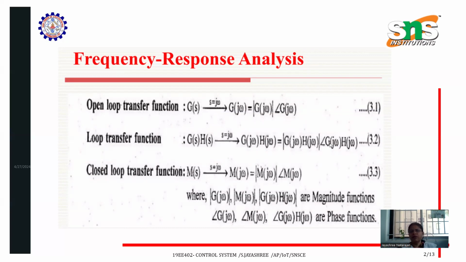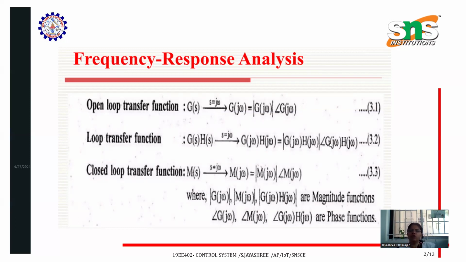Next, coming to the closed loop transfer function. Here there is a feedback signal H of S. Again, I have substituted S equals j omega. So G of j omega into H of j omega equals the modulus of G of j omega and H of j omega into the phase angle of G of j omega into H of j omega.